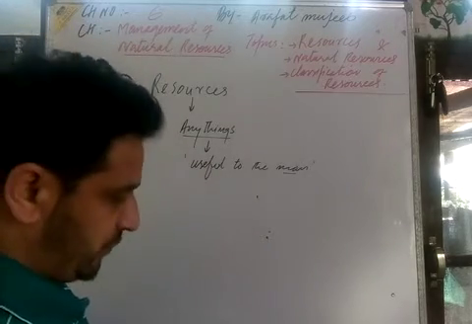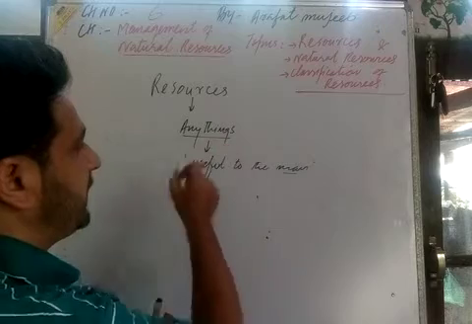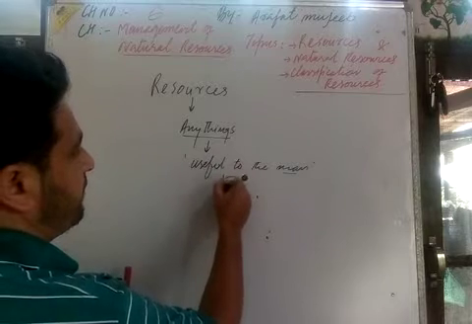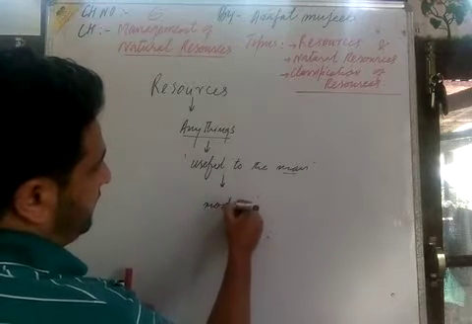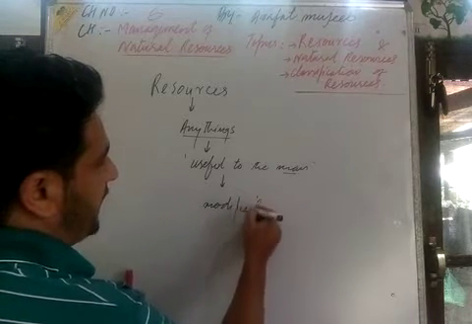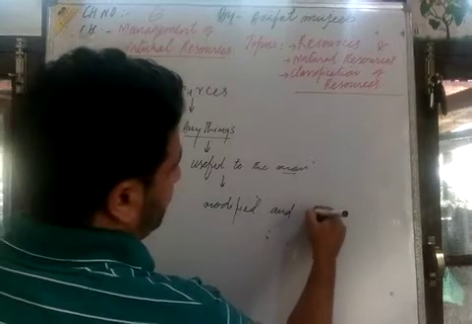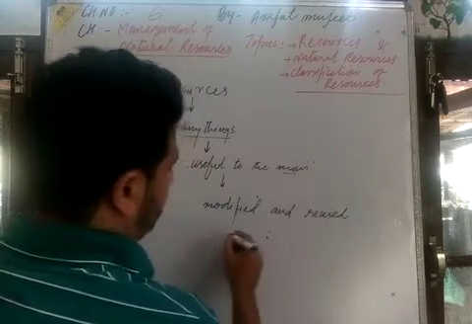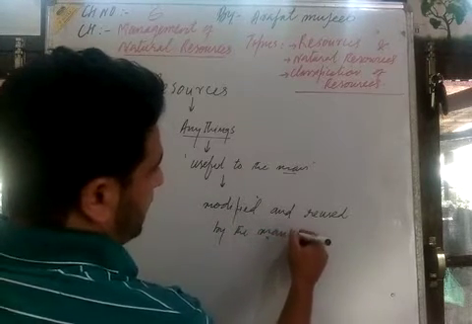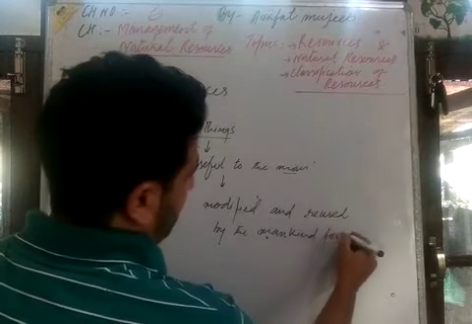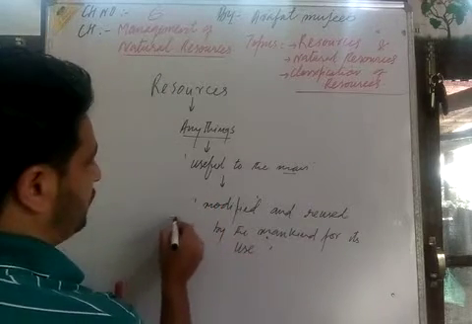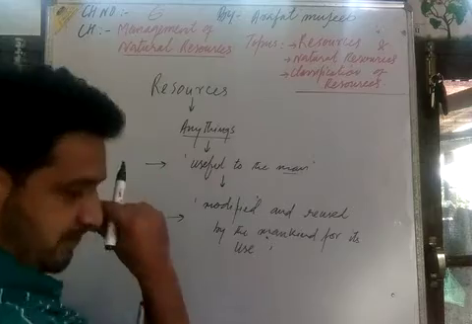This is the resource. If this resource is used by man directly or indirectly, or first modified and then reused by mankind for its use, this is also the definition of resources.